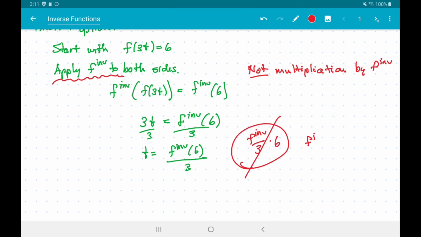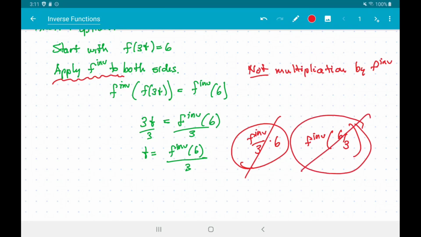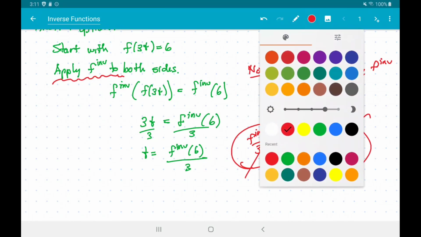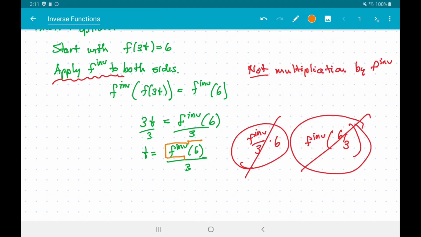I also can't do this because the order of operations says that I apply the function f inverse to the number 6, and only after I've done that do I do the division. Unfortunately, the usual acronym PEMDAS does not include function application. That really goes up here, function application.